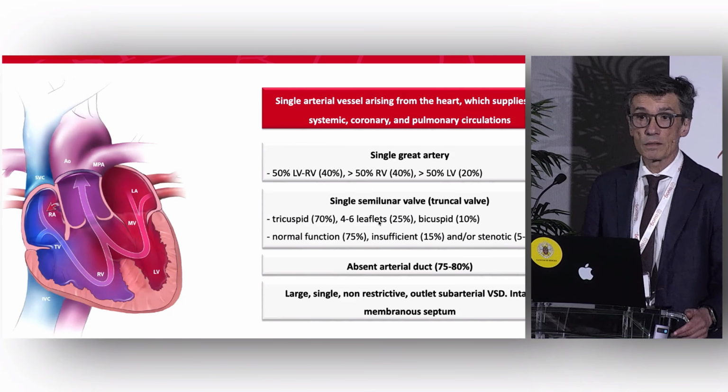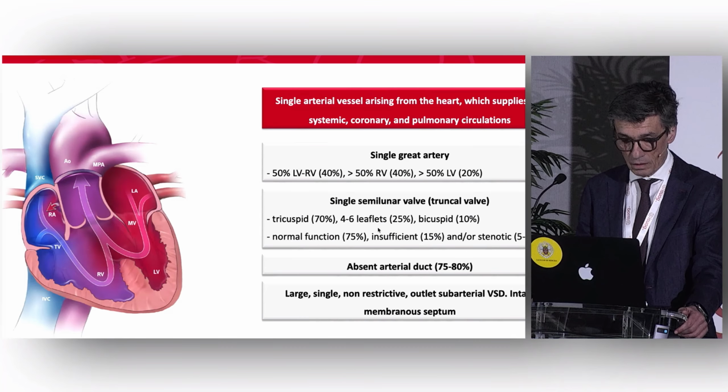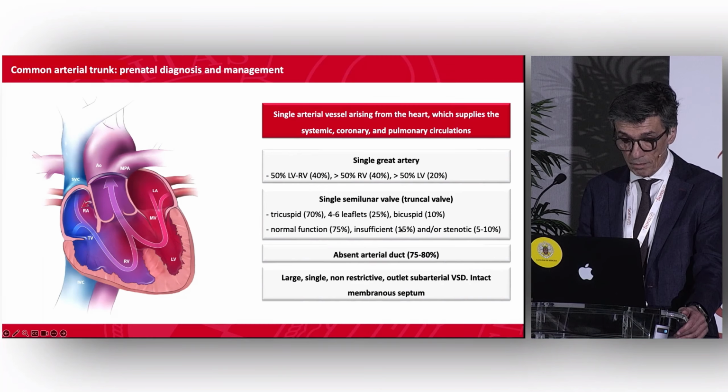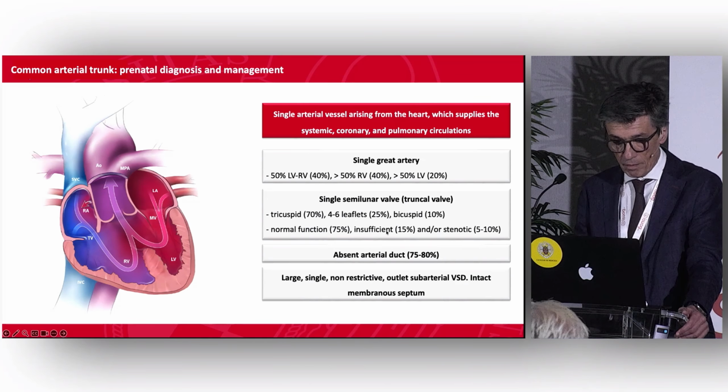There is one single semilunar valve, called the truncal valve, that most commonly has only 3 leaflets, but may have from 2 to 6 leaflets. This valve functions in most cases normally, but in up to 25% of the cases may be regurgitant or even stenotic.